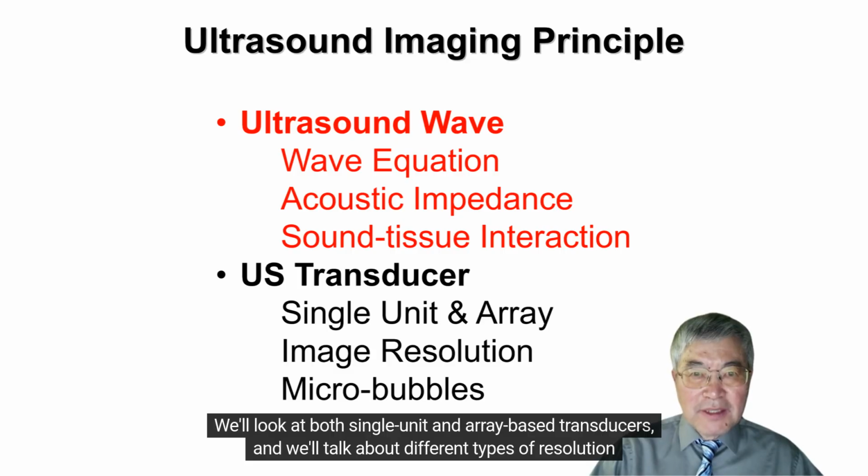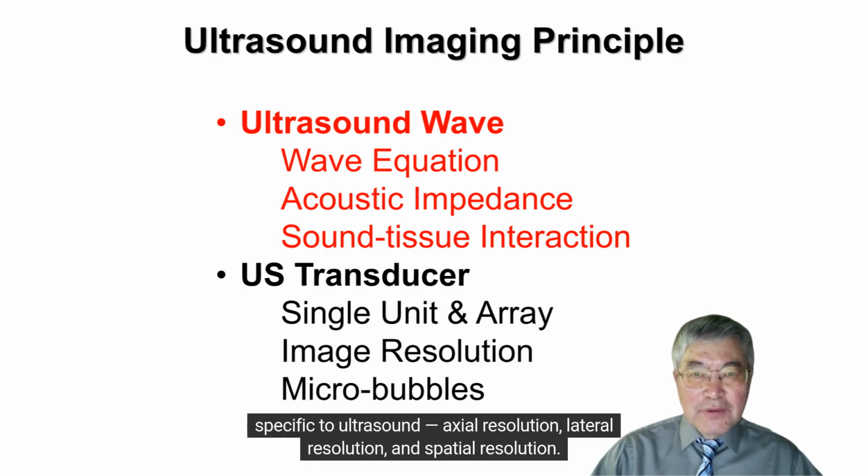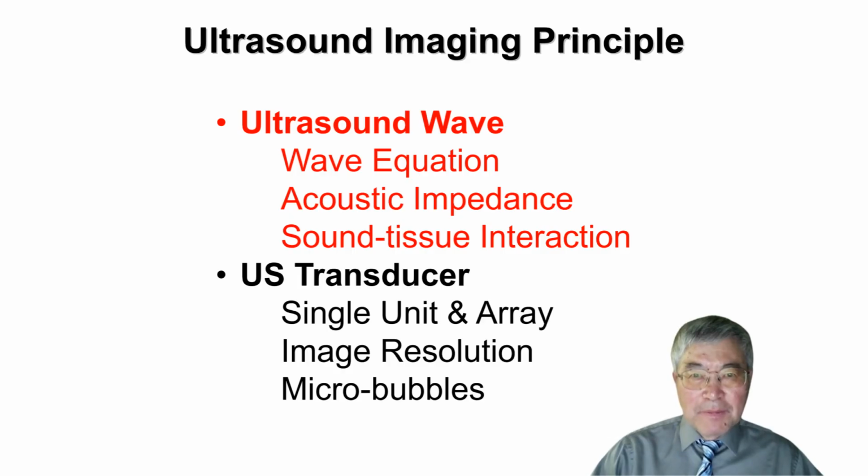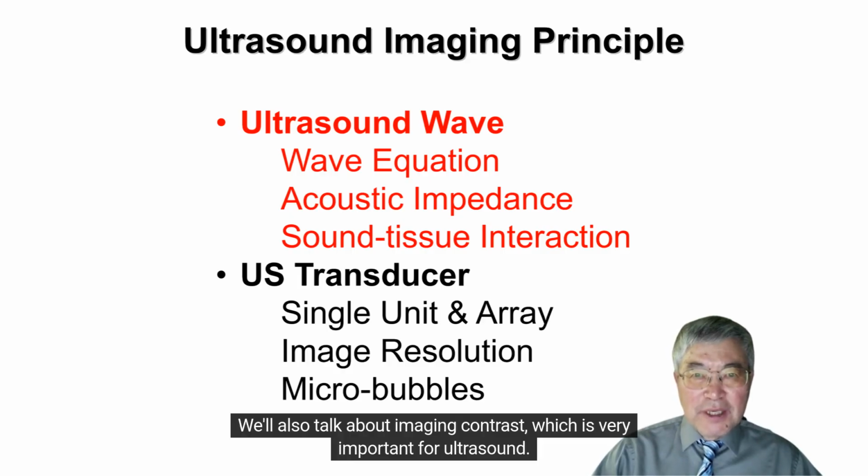We'll look at both single unit and array-based transducers, and we'll talk about different types of resolution specific to ultrasound: axial resolution, lateral resolution, and spatial resolution. Each of these determines how finely we can distinguish structures in an image. We'll also talk about imaging contrast, which is very important for ultrasound.